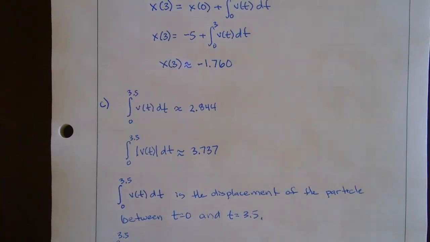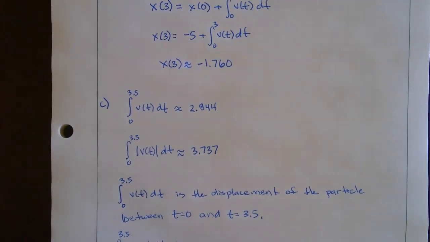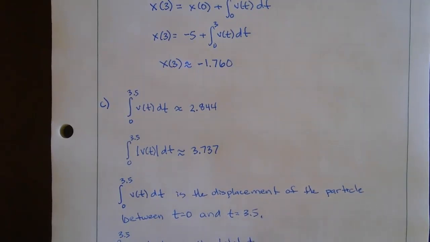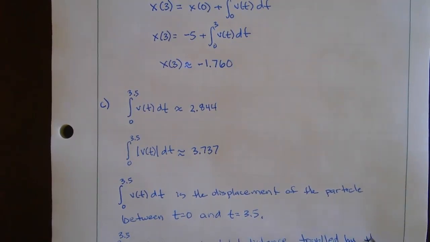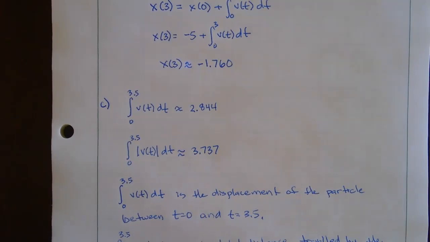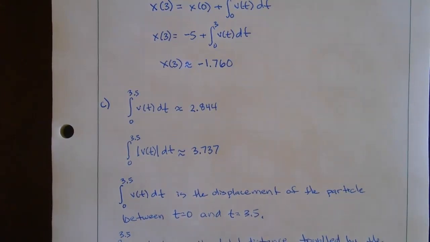So the integral from 0 to 3.5 of the absolute value of v of t dt is the total distance traveled by the particle between t equals 0 and t equals 3.5.